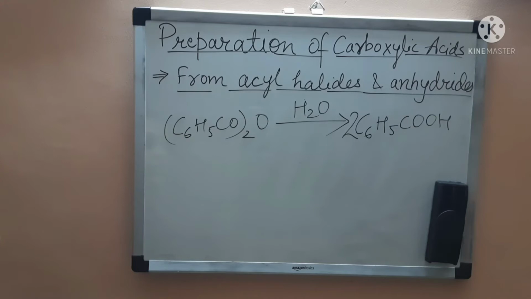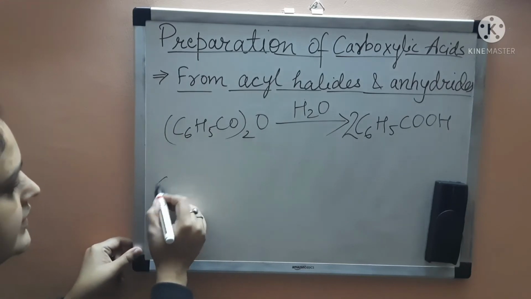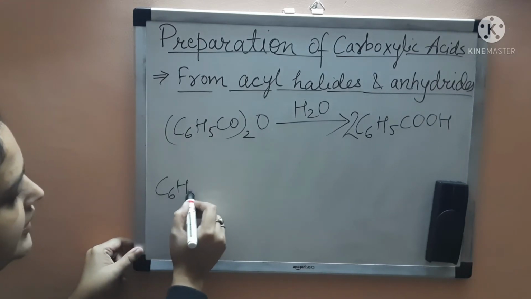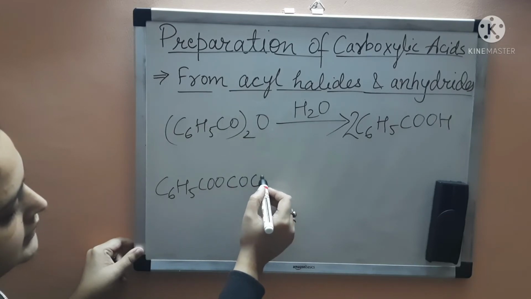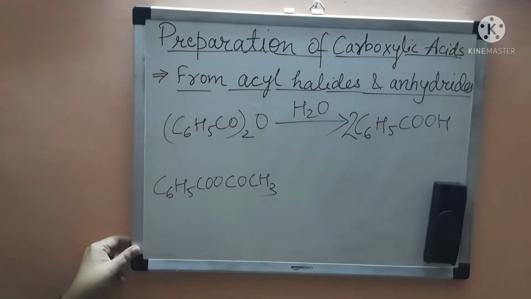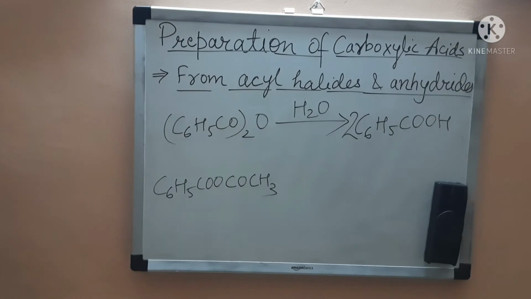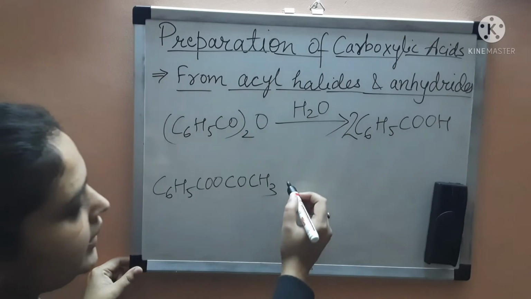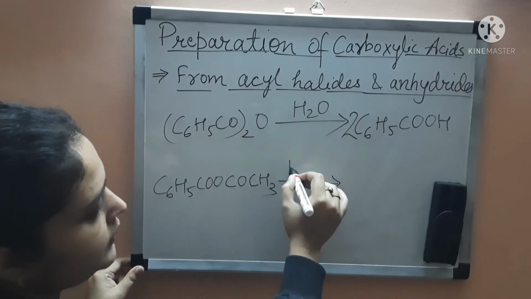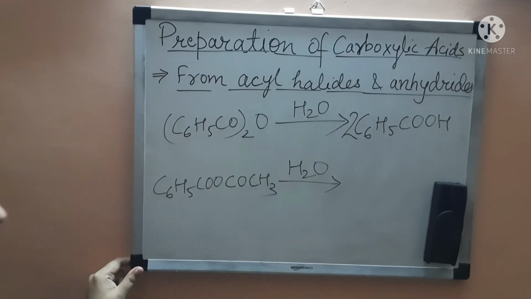Another example of anhydride we can take is C6H5CO-O-COCH3, right? So this is benzoic ethanoic anhydride. And when we hydrolyze it with water, then you will get two different types of carboxylic acid.